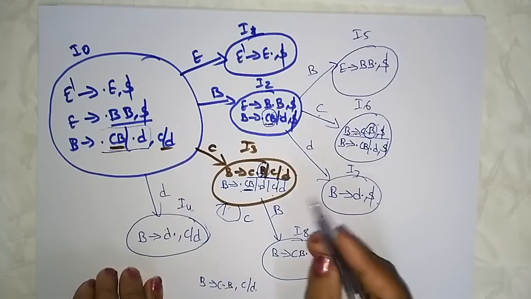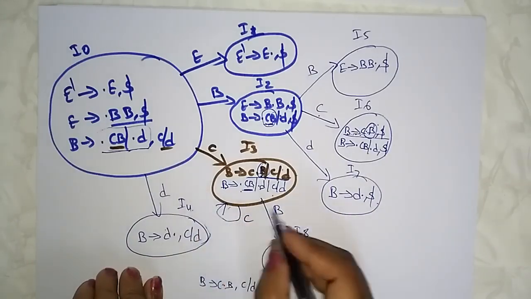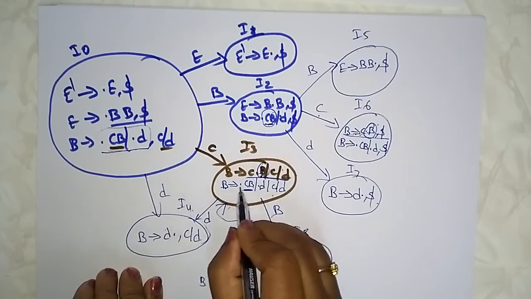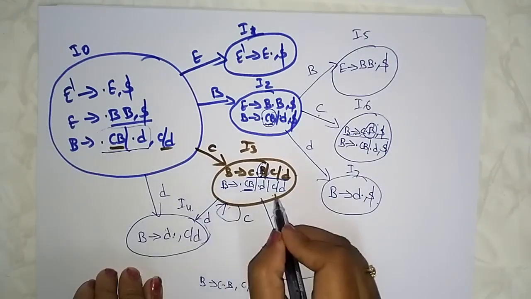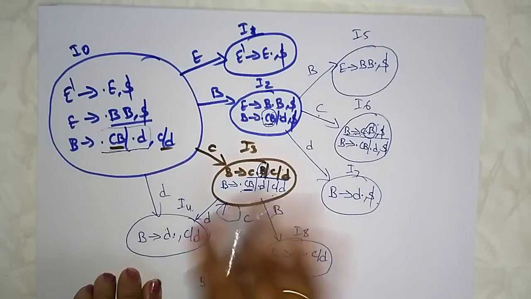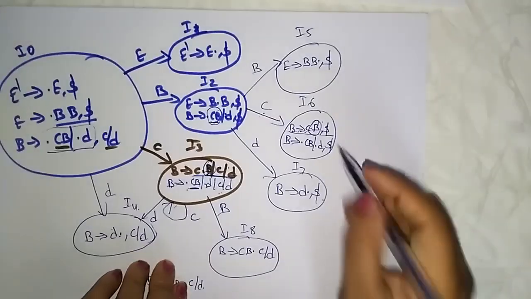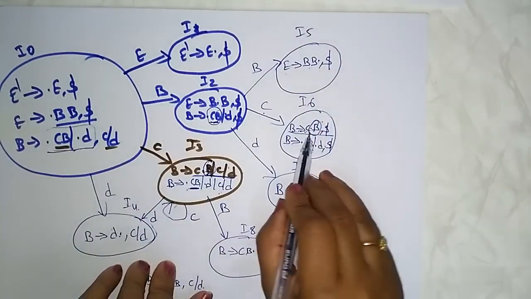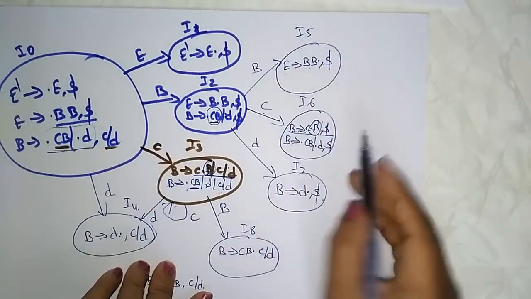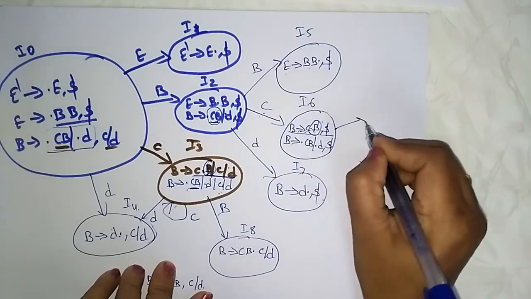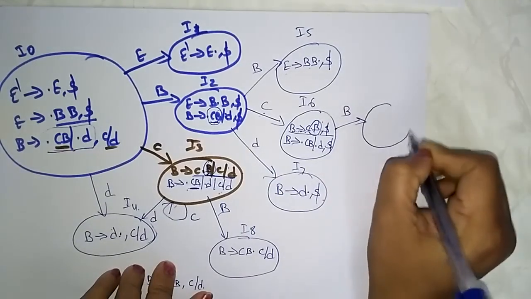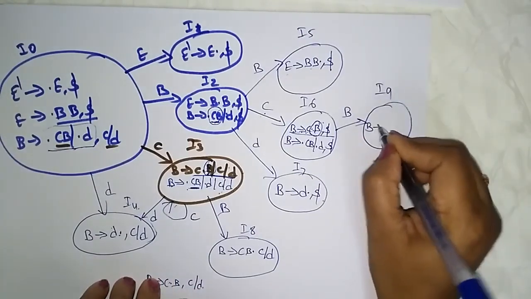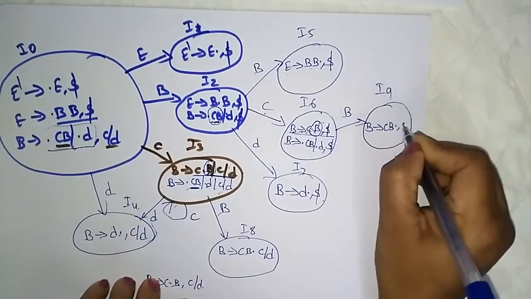So this is over. On D, what will you get? If you take D here, B determines D dot, with lookahead value C/D. So this state is over. Now check whether there is any other. This reaches the final state BB dot, and here dot B is there. If you take B as input, I9: B determines CB dot, comma, dollar.